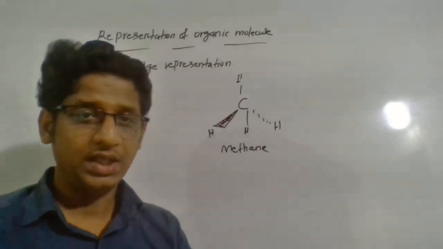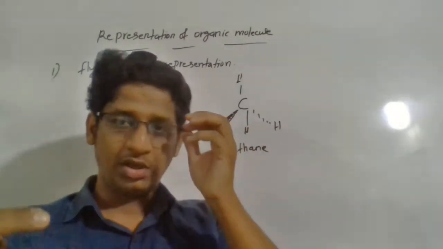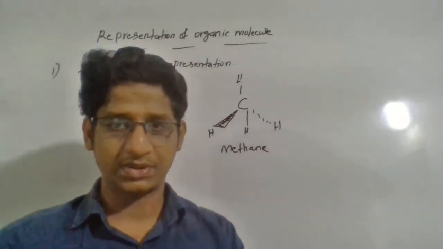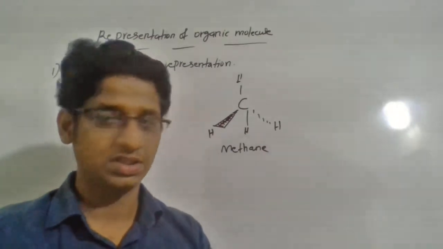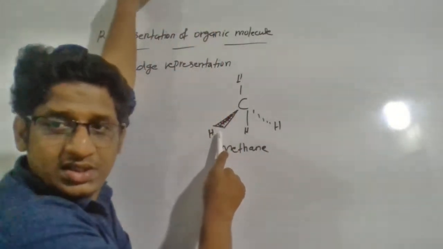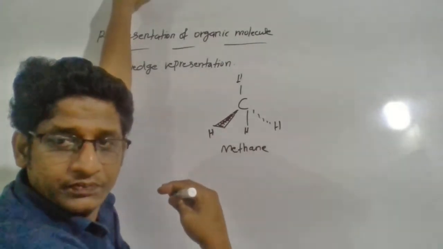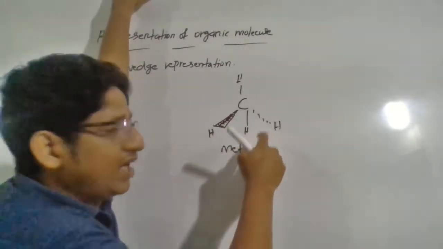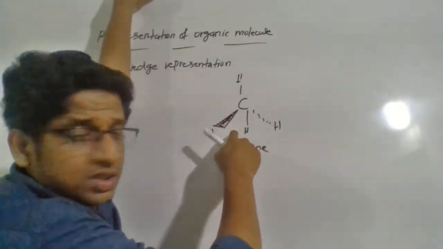Well, what's the point here? It's all about spatial arrangement, so normally you require three dimensions to represent. This hydrogen with a thick line is coming towards the observer, and this hydrogen is going away from the observer, backwards.